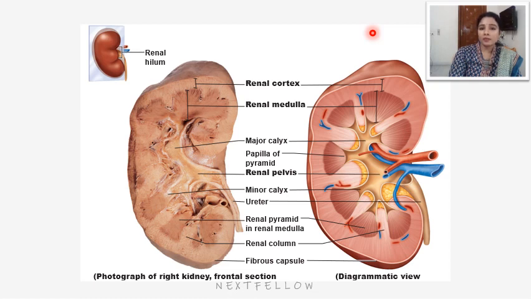And the medulla forms the inner part of the kidney, which contains mainly renal pyramids and renal columns, and mainly contains straight loops of Henle and collecting tubules.